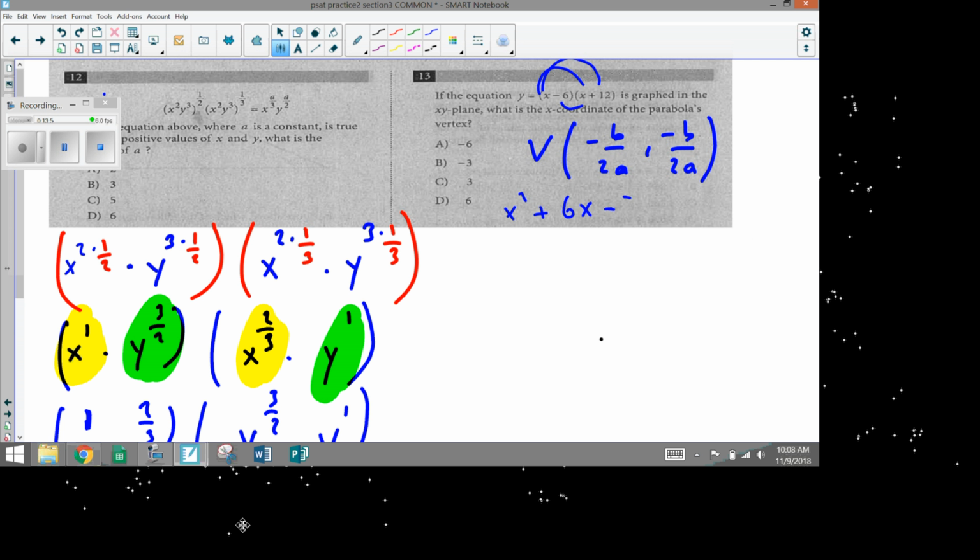Minus 72. Okay, I just skipped one step. If you're confused, it's going to be x squared plus 12x minus 6x. 12x minus 6x makes 6x. This is correct. So negative 6 times 12 is equal to negative 72.